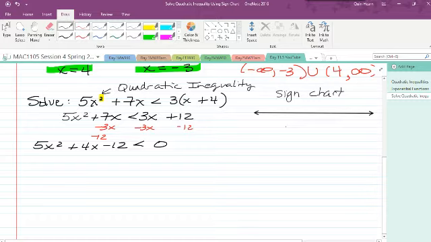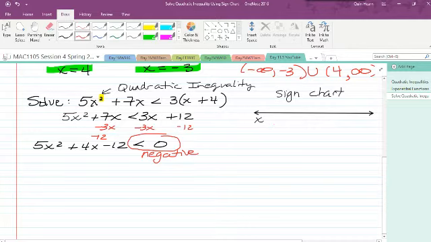In this case, and it's not always the case, we're solving to find where the value is less than 0, which means negative. So we need to find the places on our sign chart where we're going to have negatives.